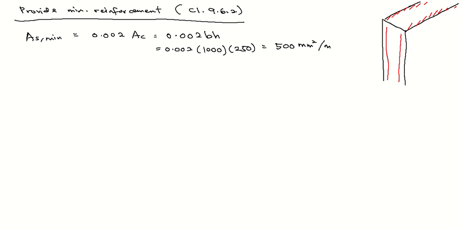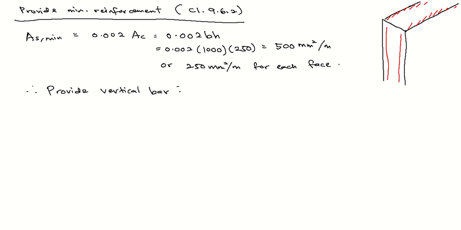So in our case here, this is 250 mm square per meter for each face. And this minimum reinforcement in clause 9.6.2 is vertical reinforcement. So provide vertical reinforcement of 250 mm square for each face.